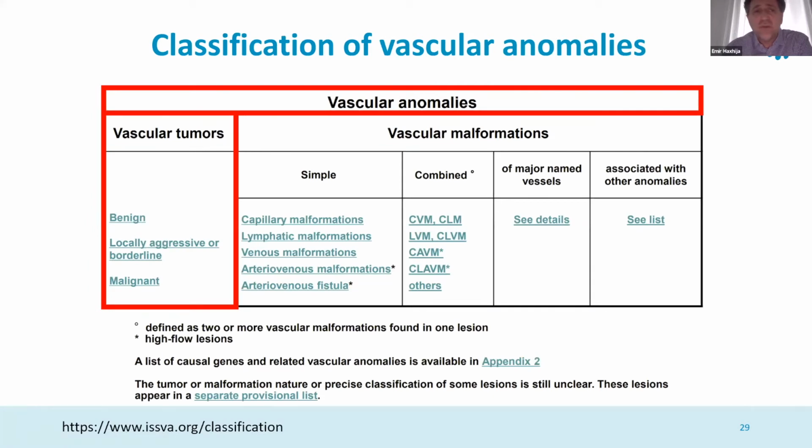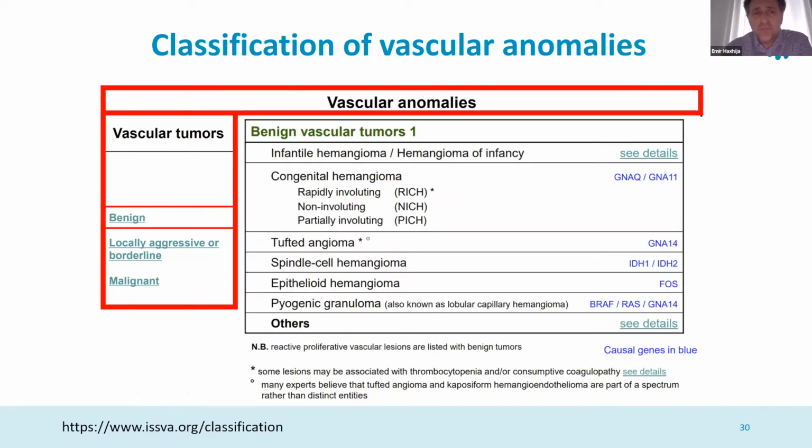So let us go into details about the vascular tumors. The benign vascular tumors are infantile hemangiomas, as I said, the major candidate in this vascular tumor main group. Then we have a group of congenital hemangiomas, which are rare vascular tumors we also deal with.